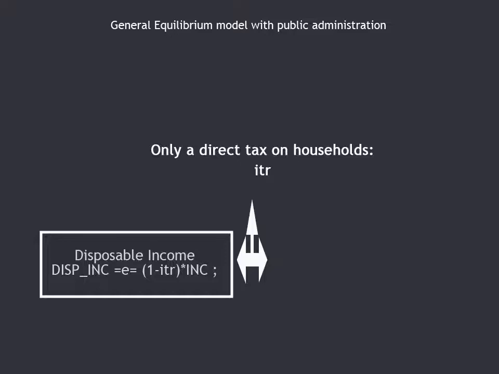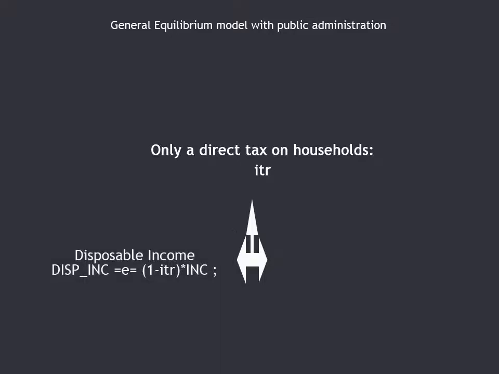And the part of this income is (1 - ITR) times INC. So this is why we define a disposable income, a new variable, which is called DISP_INC, and this variable must be equal to (1 - ITR) times INC, INC being the household's income coming from the ownership of primary factors.